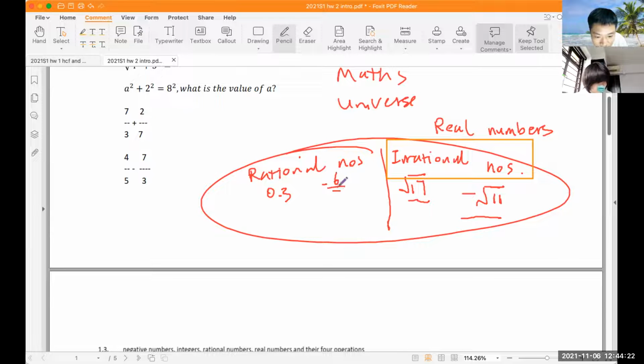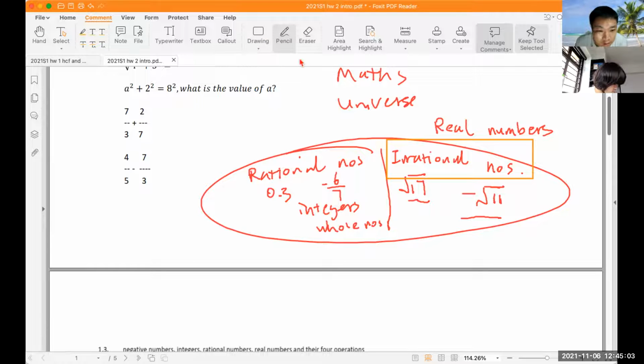You can use fractions to represent them. Then inside this rational number universe, you have integers, and then whole numbers. I'm not too sure about the natural numbers because there are too many names around already. I just want to stick to the ones that I'm familiar with.